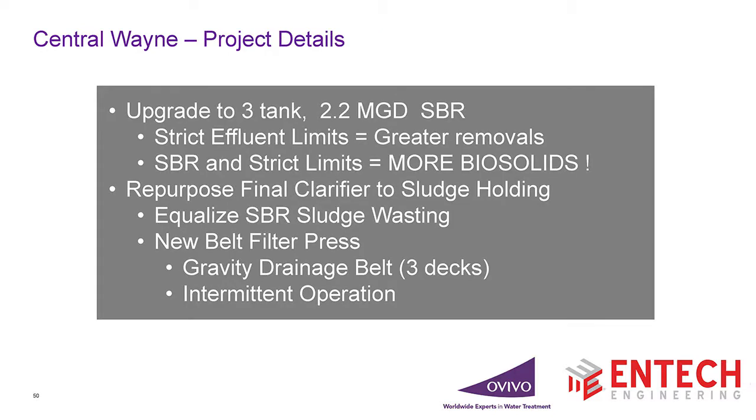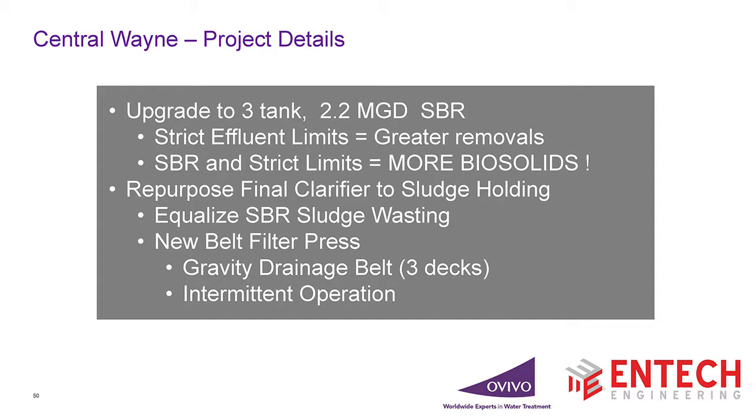We upgraded to a 2.2 million gallon a day sequential batch reactor. We had much stricter effluent limits. We had an SBR with thin wasting, so we just ended up with more biosolids. We took an old clarifier and converted it to a sludge holding tank.